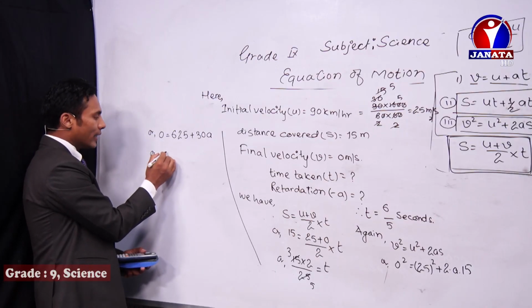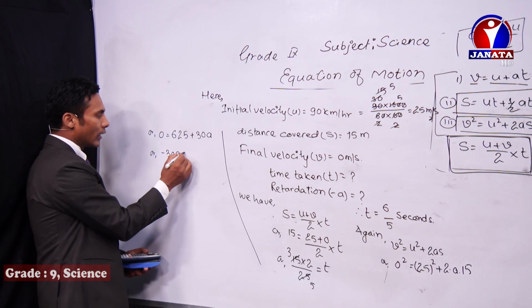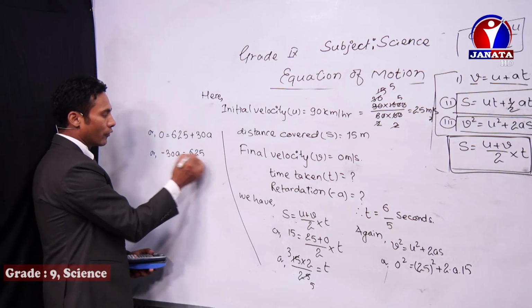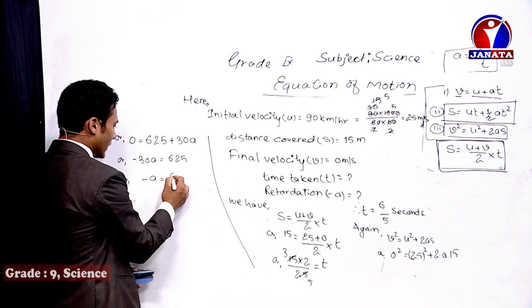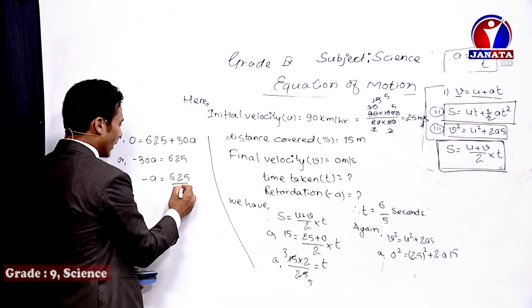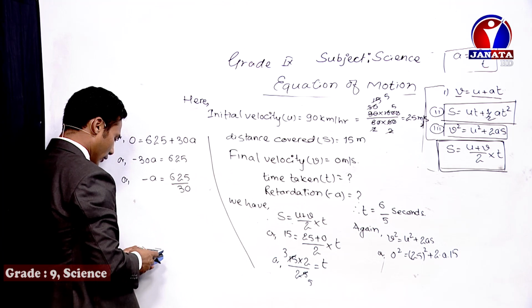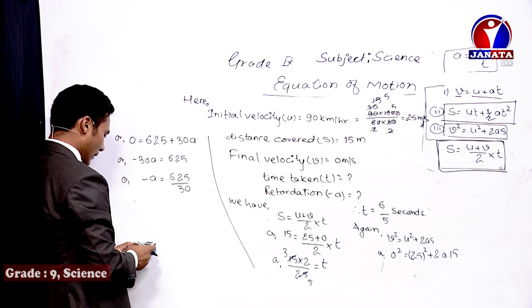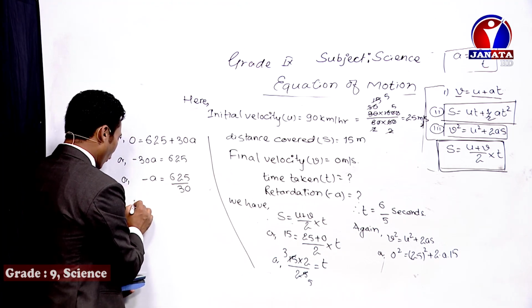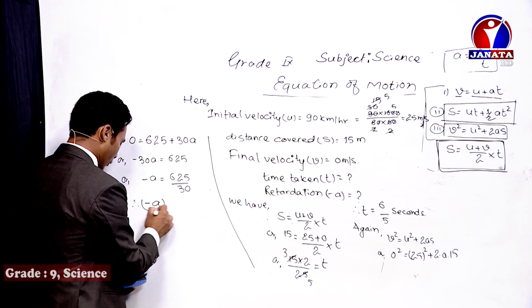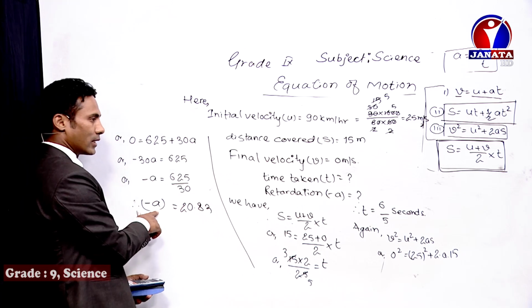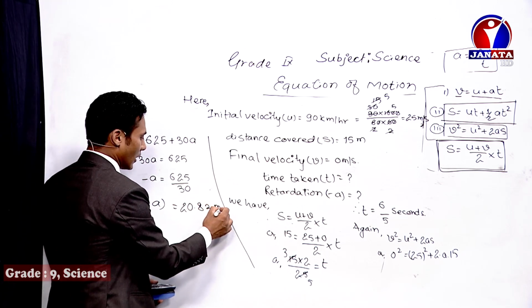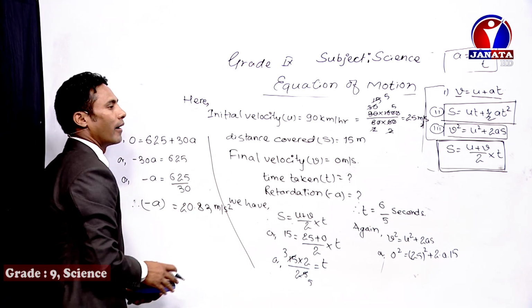That is minus 30A equals 625, or minus A equals 625 divided by 30. Whenever you divide this by 30, then you will get the value. Therefore, minus A equals 20.83. Acceleration is there, so it is meter per second square.